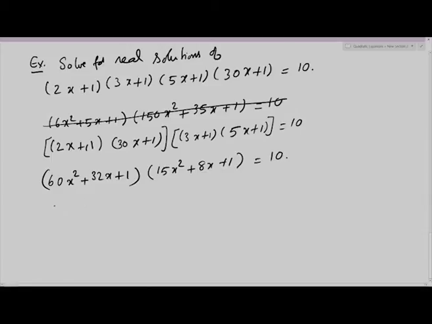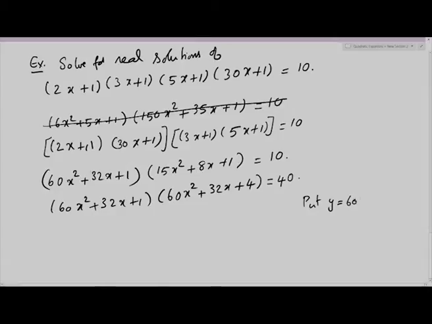So what I do is I multiply and divide by 4. This becomes 60x square plus 32x plus 1, again 60x square plus 32x plus 4, whole divided by 4, and taking the 4 to the right side, it becomes 40. Now, you can give a substitution: put y equal to 60x square plus 32x.